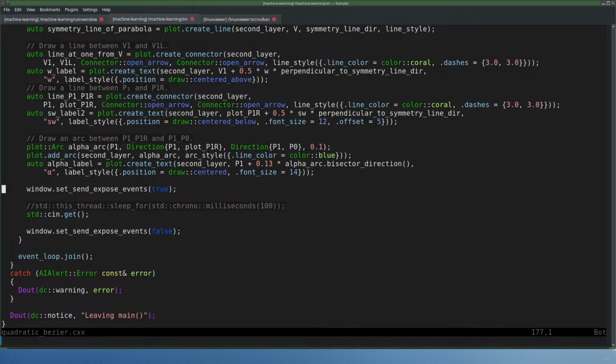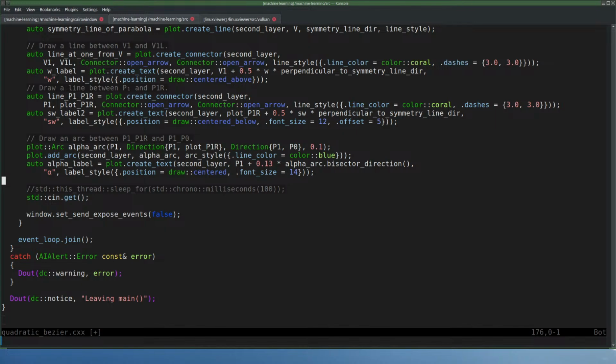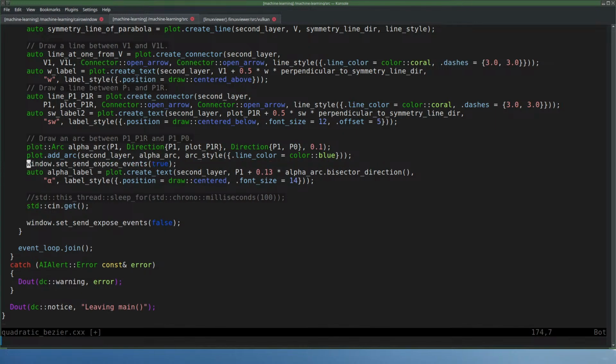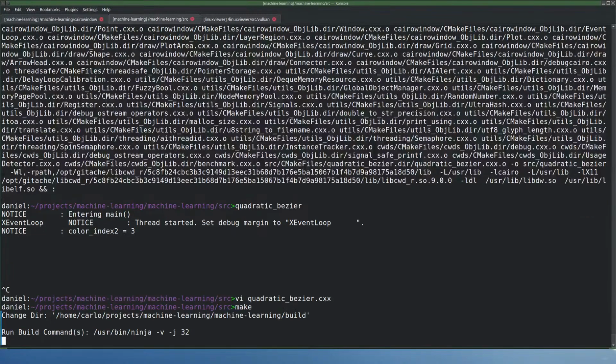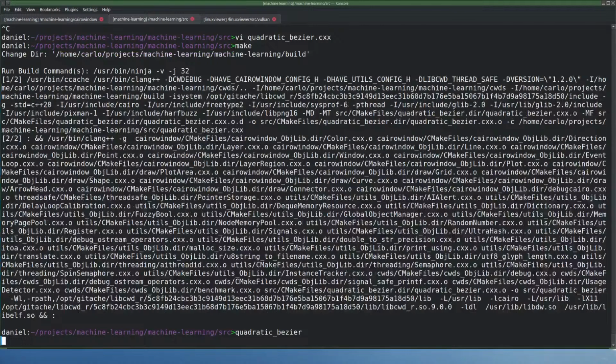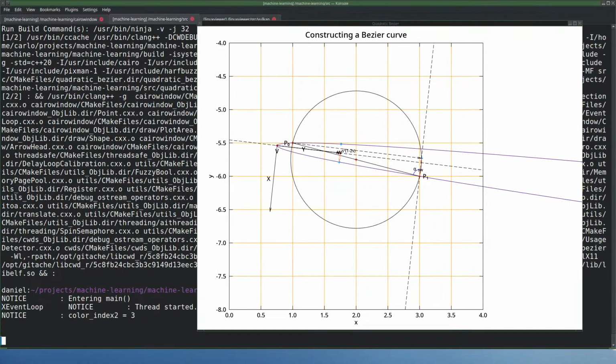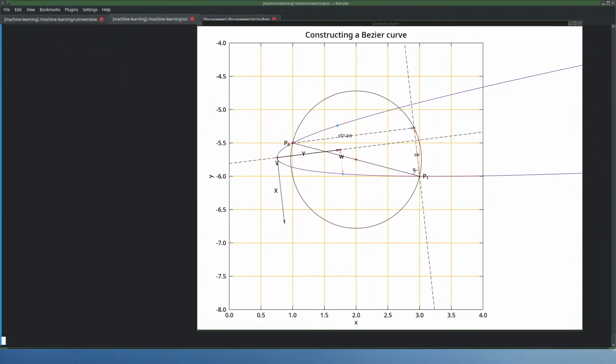Probably immediately. Or, well, as a test, I could just put it there. I think that should already work then. Hopefully. Yes.